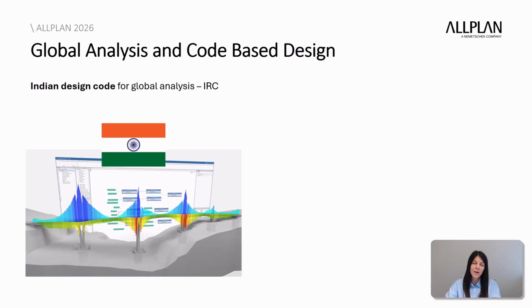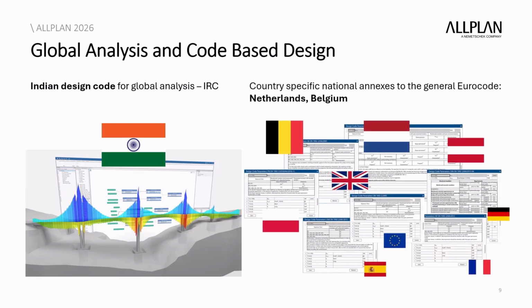And we also have a full integration of the latest Dutch and Belgian national annexes for Eurocode. All these enhancements that ALLPLAN now supports bring us the possibility to work on a broader range of international projects, enabling engineers to execute code-compliant analysis with confidence and consistency across diverse regulatory environments.